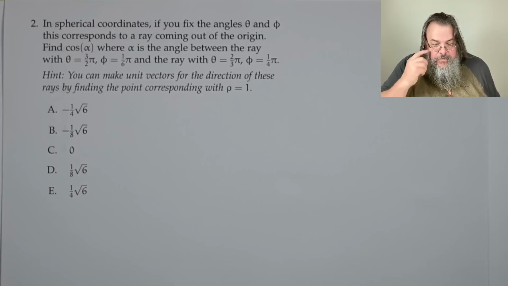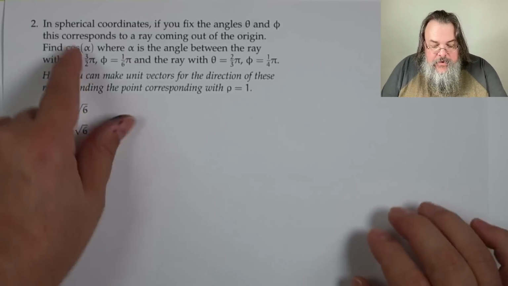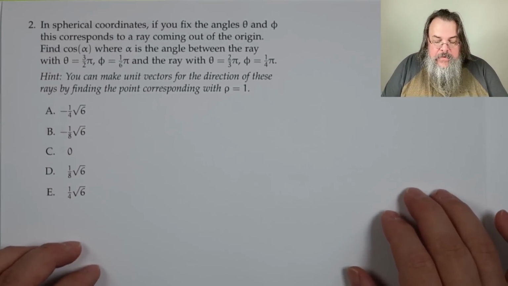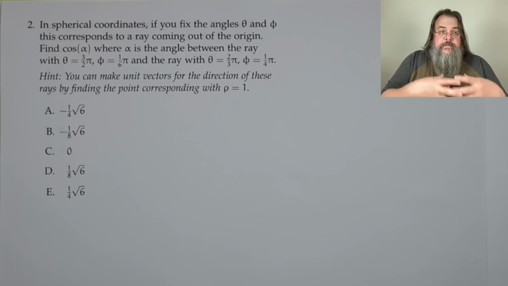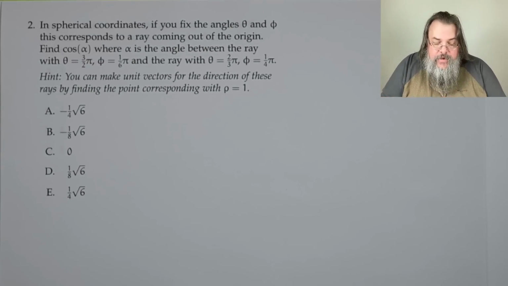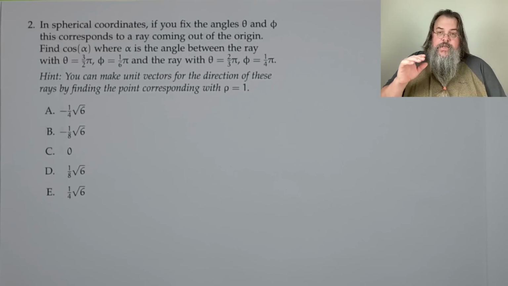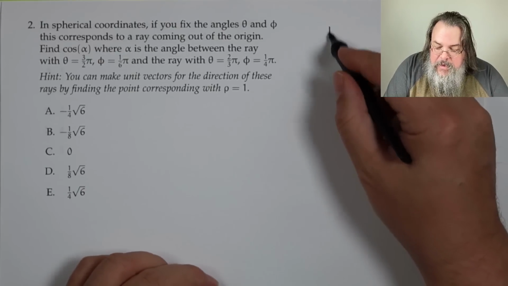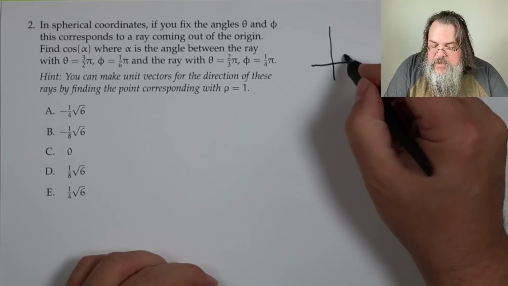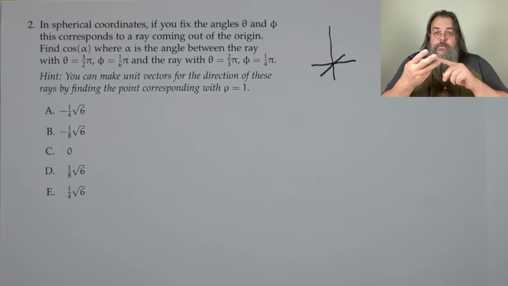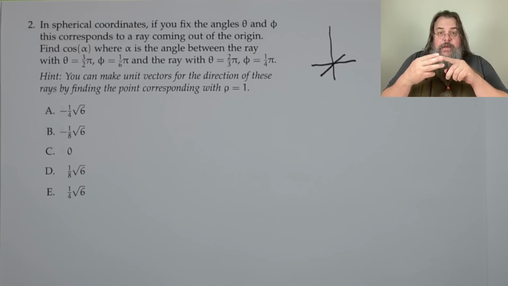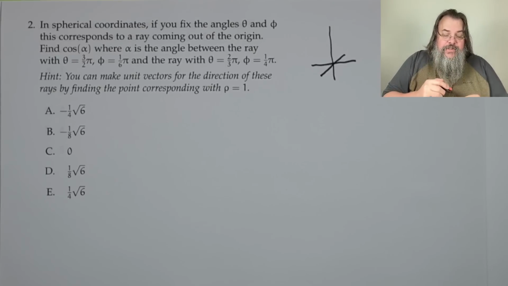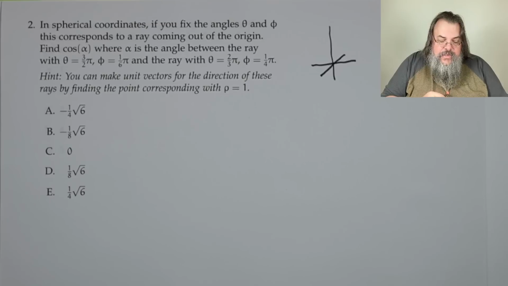Number 2. We're in spherical coordinates. And it says, if you fix the angles theta and phi, this corresponds to a ray coming out of the origin. And so this is true, right? So when you think of spherical coordinates, what's going on? Well, you have a combination of 3 things: theta, phi, rho. Theta and phi are saying, here's the direction you should go, and rho is a distance.